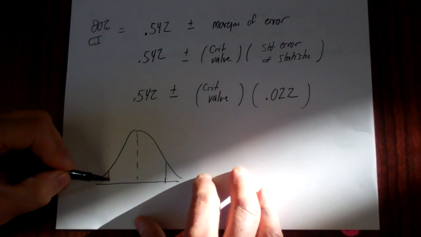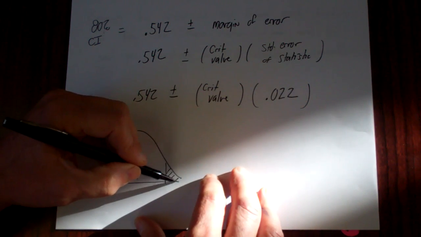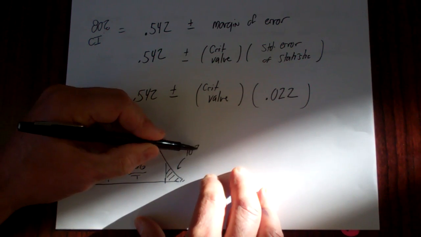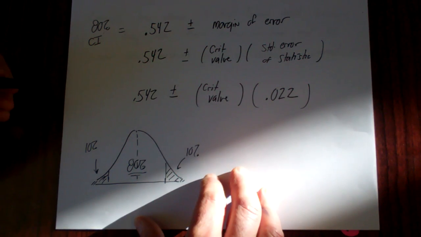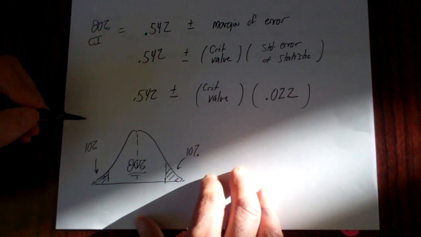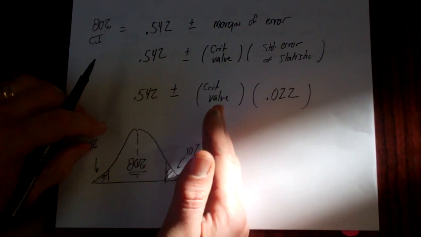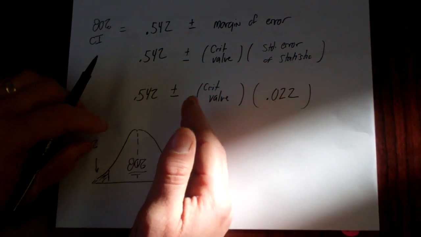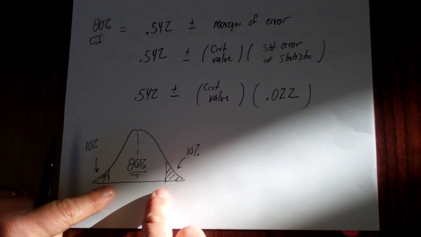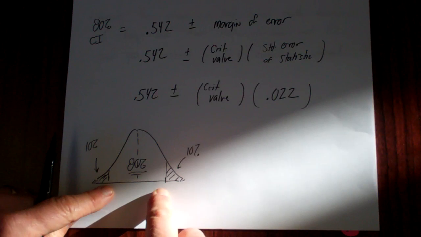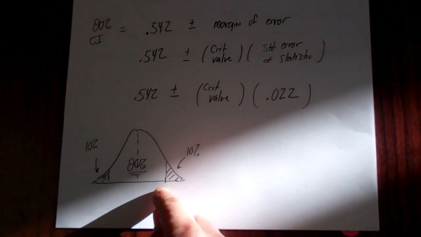So we want this to be 80%, which means we want this tail to be 10% and this tail to be 10%. So we're going to find the z value so that the area greater than that value is 10%. Now it turns out these two numbers, one will be positive, one will be negative, and they'll both be the same exact number, so it doesn't necessarily matter.